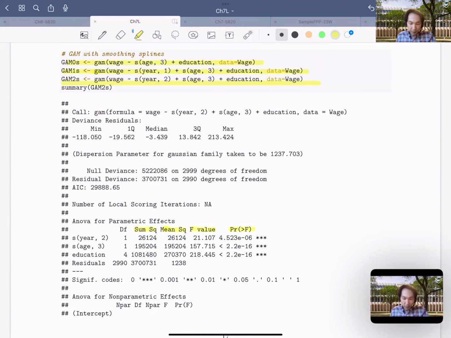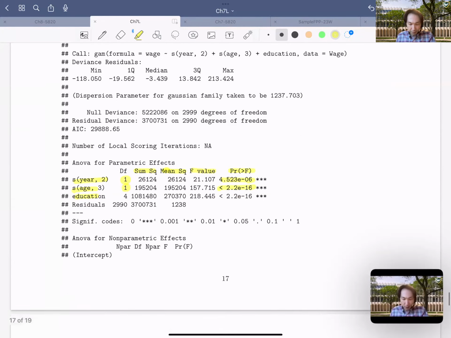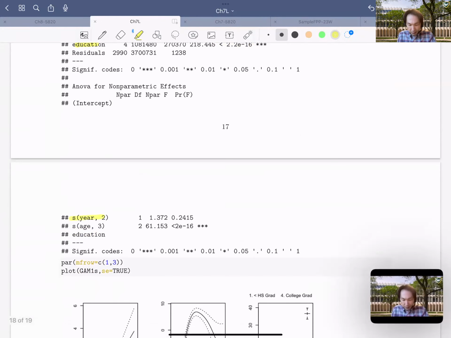These outputs first test whether these variables are useful as just a linear factor. What if we include a linear term of year? What if we include just the linear term of age? Then the degrees of freedom is 1, and we can see how significant these variables are. After that, it tests additional terms.